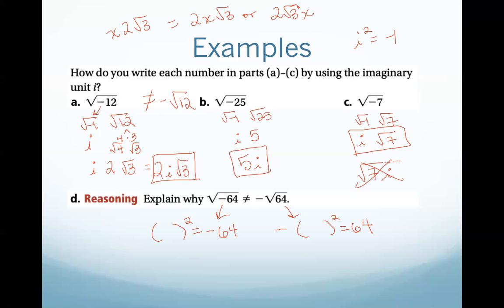So this is very similar to when we were saying negative 2 squared versus negative 2 squared, whether or not the negative is being squared. The exact same thing is happening here, but instead it's what is being taken the square root of. So if we have a negative inside of the square root, that's not the same as a negative outside of the square root.